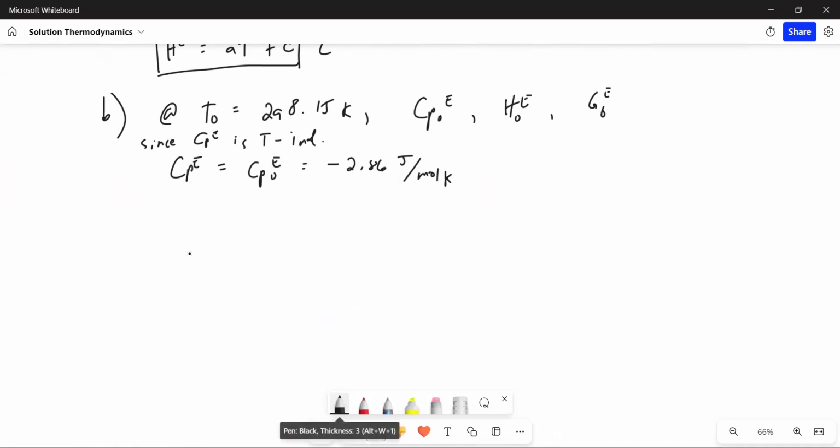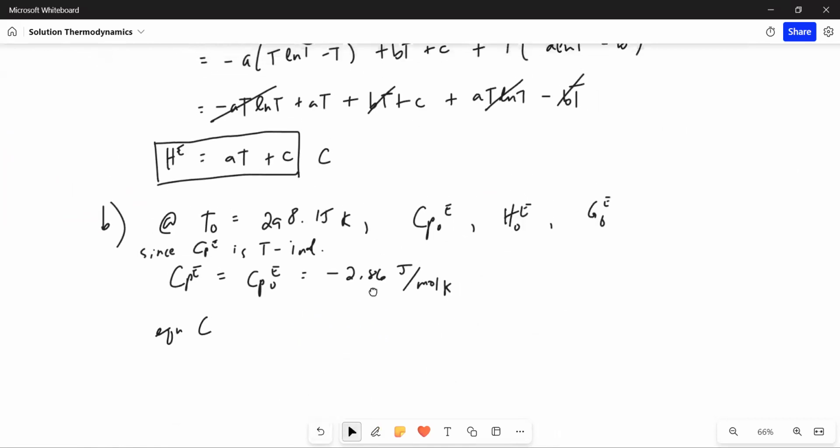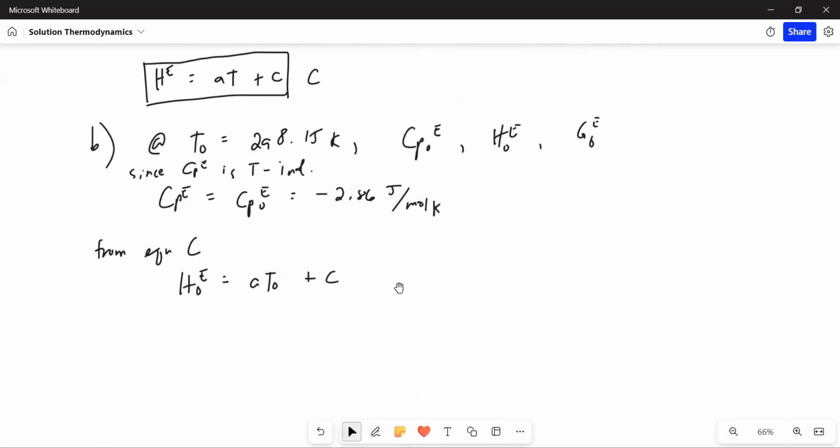All right. Let's look at equation C. If we express this in terms of HE naught, then from equation C, HE naught is AT naught plus C. Do we have A?